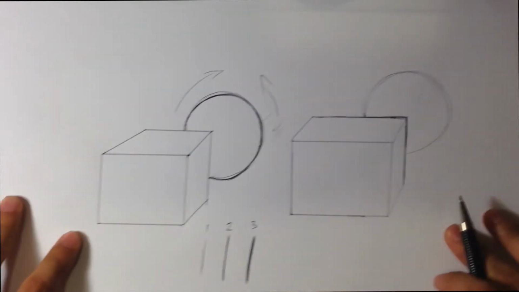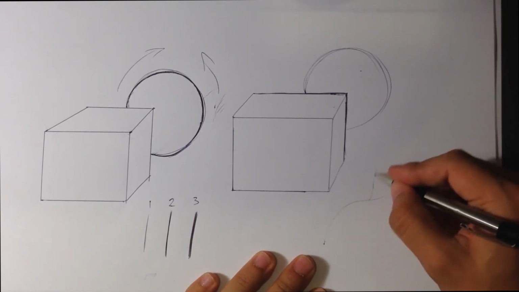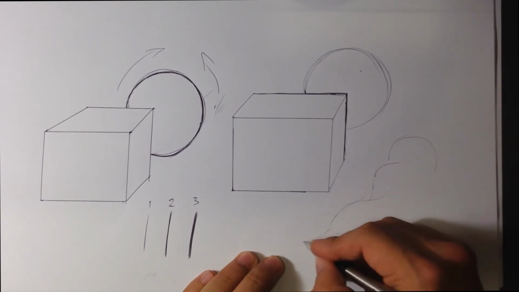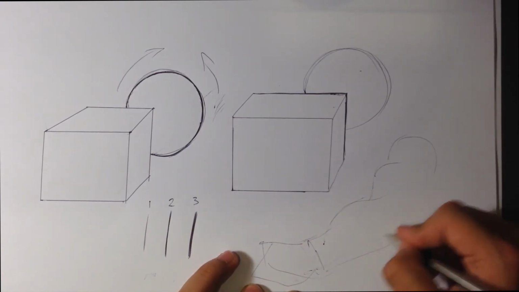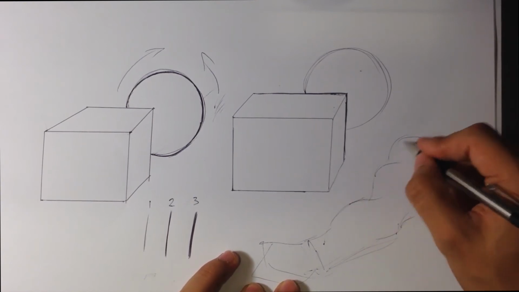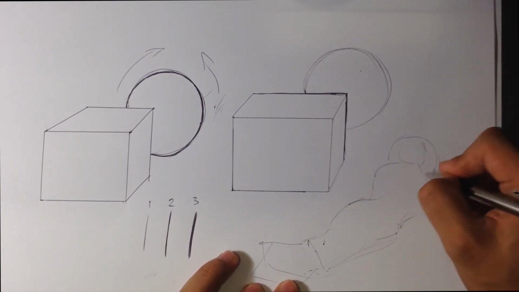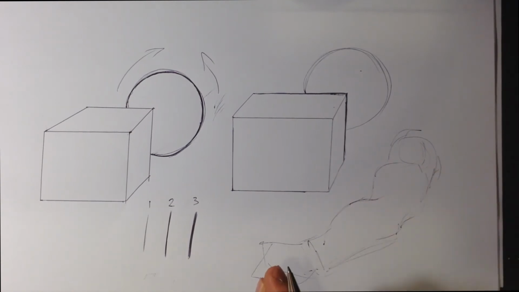Let me use this in a figure per se. If you're using this in an arm, let's say you have an arm, right? I'm going to cut their hand off. It's going to be hand over here. Forgive me, it's a crappy arm, but whatever. I'm just kind of showing you what I mean. So this is the deltoid, the top of it. Usually you're going to see some overlapping, right?